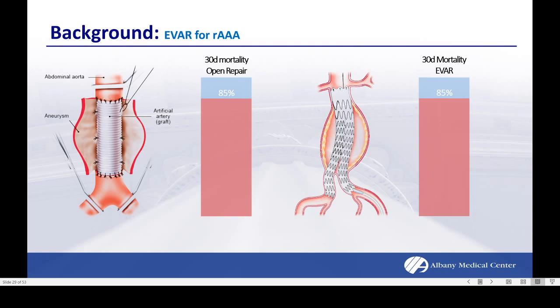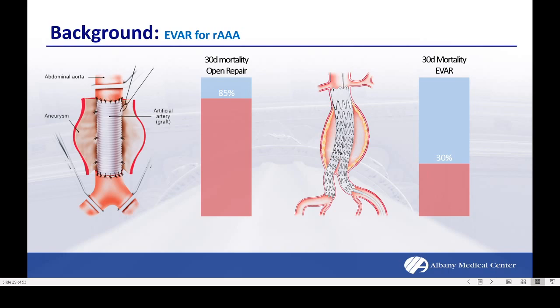But more recent studies started to show that there is a modest but significant improvement down to about 50% mortality with EVAR. And even more recently, with many centers using the standard EVAR protocols for ruptured AAAs, the mortality goes down as low as 20 to 30%.